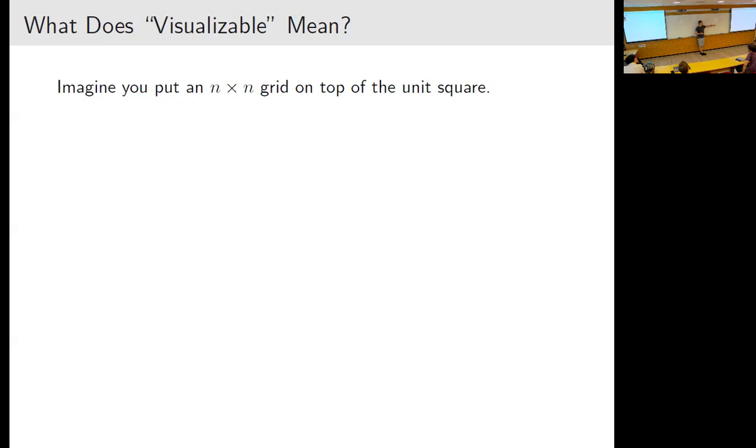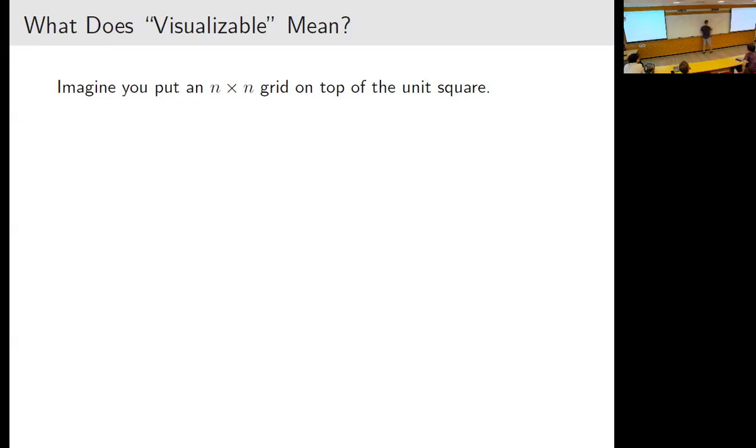So, I want to be able to visualize this. One way you could try to visualize it is on a television. Imagine you put an n by n grid on top of this square, and underlying this there's a circle squaring, but we're going to approximate the structure.